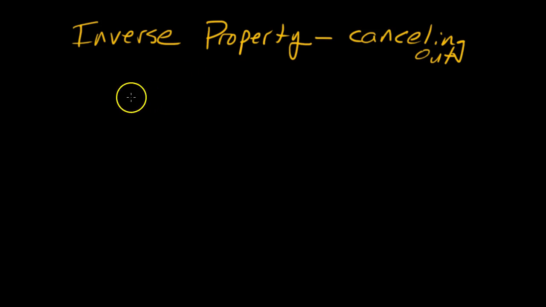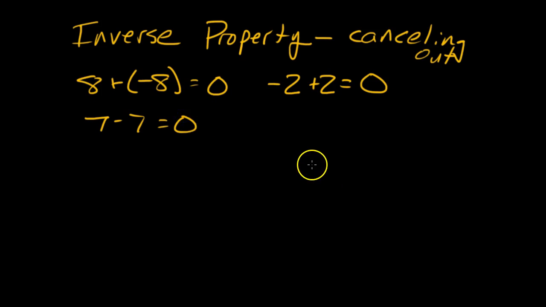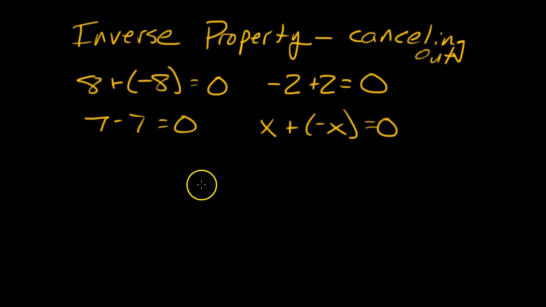So for addition, that means when I take a number and I add it to its opposite, they cancel out. I get 0. If I do negative 2 plus 2, I get 0. If I do 7 minus 7, I get 0. So any number plus its opposite will always give me 0.